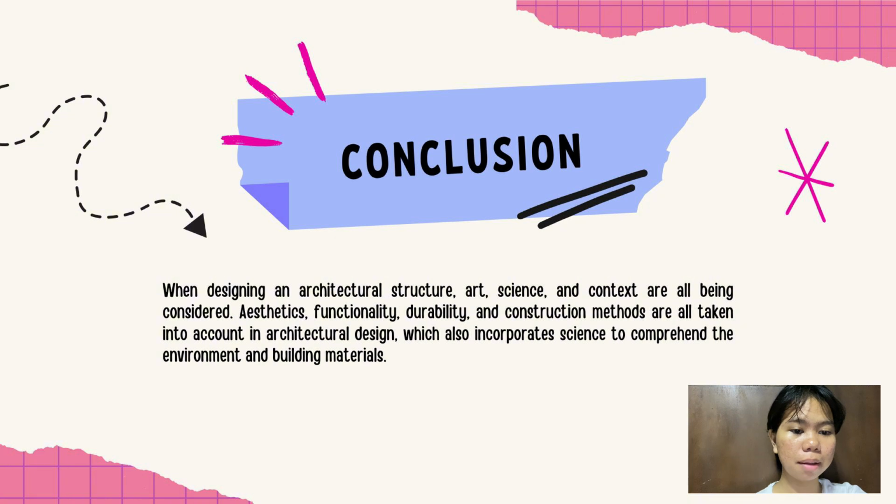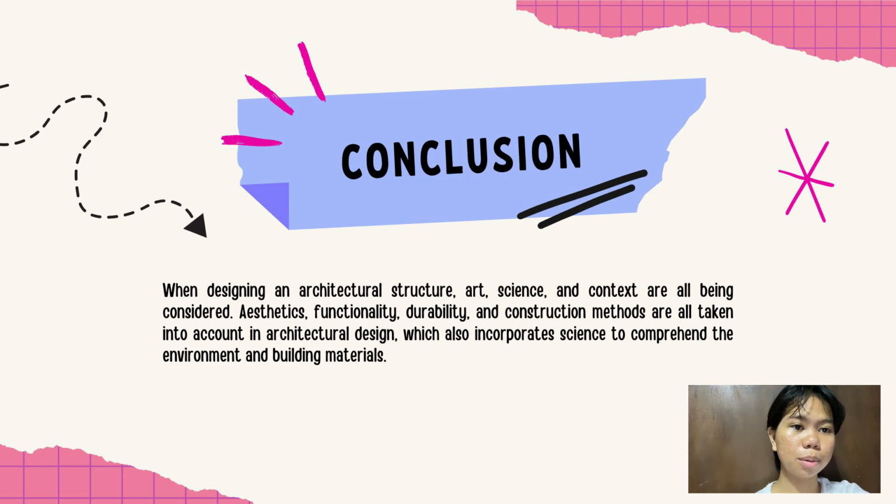The science helps with functionality and durability, because it takes into account the materials that we're going to use. It also includes durability, because the materials depend on it. So also the functionality.